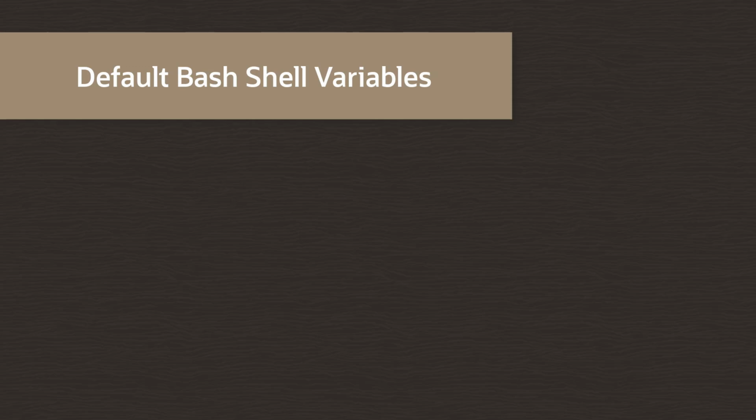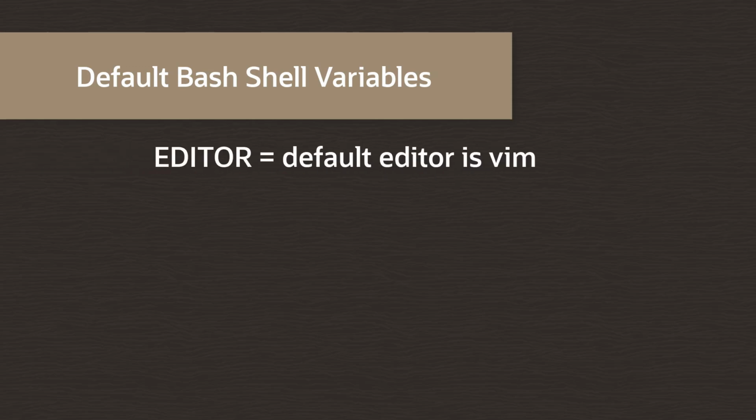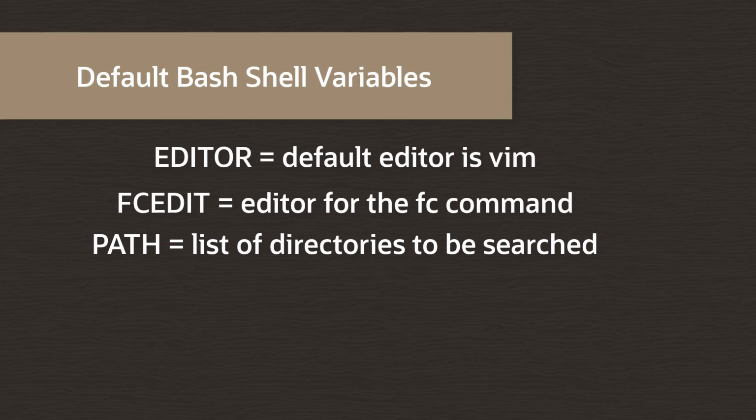The bash shell's default variables are EDITOR, which defines the default editor for the shell. In this case, it's vim. FCEDIT: the fc command is part of the bash shell and provides a way to manipulate the command history. PATH, which specifies a colon-separated list of directories to be searched when the shell needs to find a command to be executed.